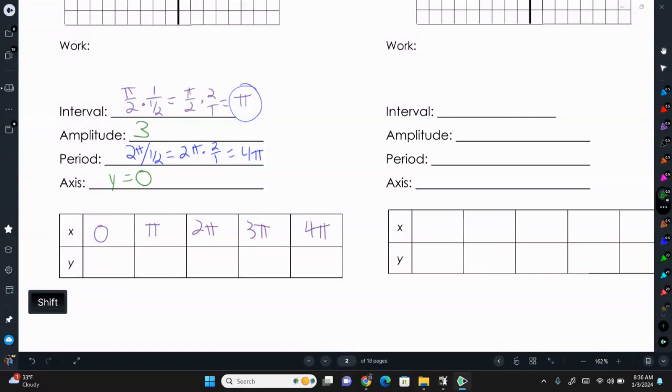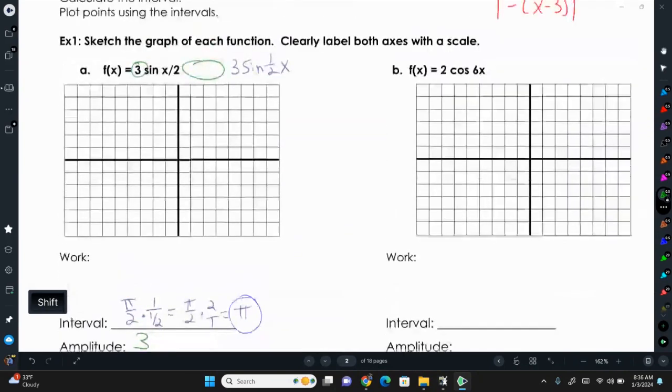This is a sine graph, so we start at 0, at the midline, and then we go up to our amplitude, 3, back down to our midline, go to our negative amplitude, and then back up to our midline. And this pattern will repeat as we keep going. So we're going to go in both directions when we graph this.